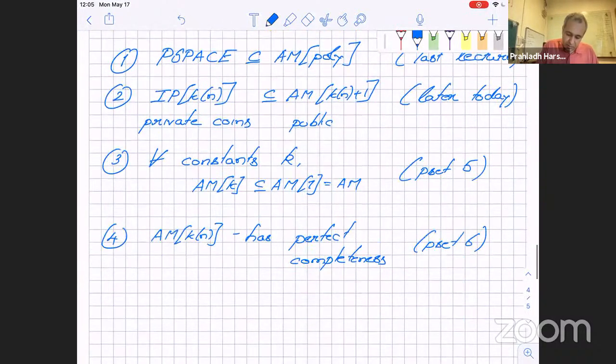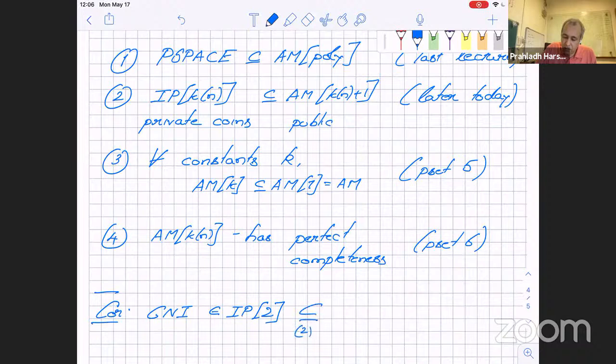I just want to list a couple of corollaries of the following. We saw that graph non-isomorphism was contained in IP[2]. This was what we had seen the proof of. By 2 above, this will be contained in AM[4]. Sorry, AM[3].